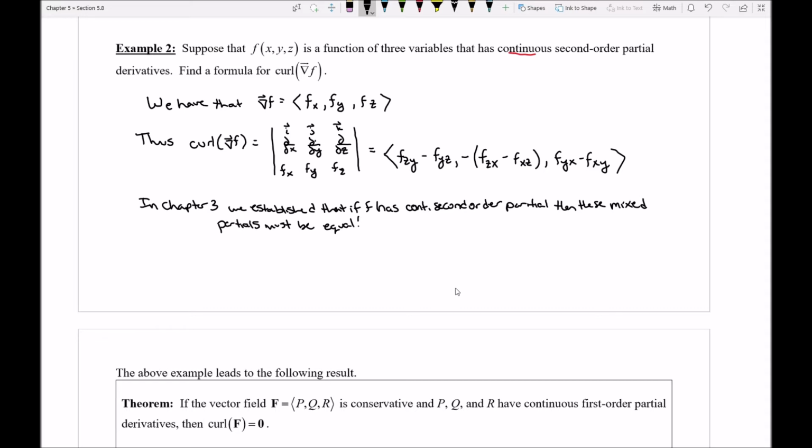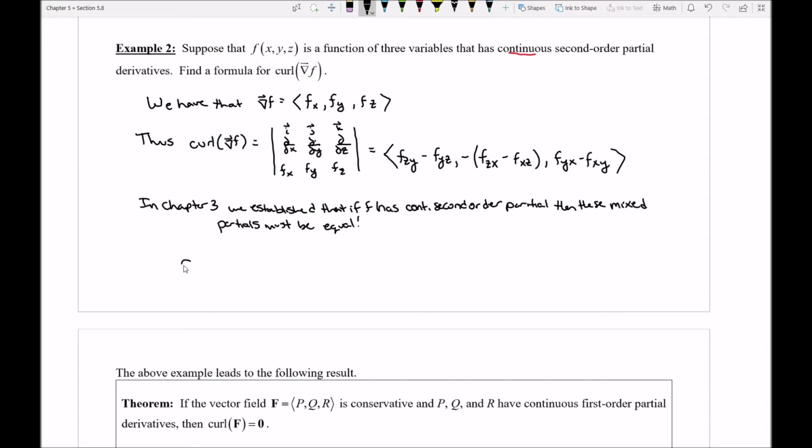You may possibly recall this, although it's been a long time. I think we had this somewhere at the end of maybe 3.3, where we defined partial derivatives, is that, again, if I have these continuous second-order partials, then these two mixed partials here are going to end up being equal.